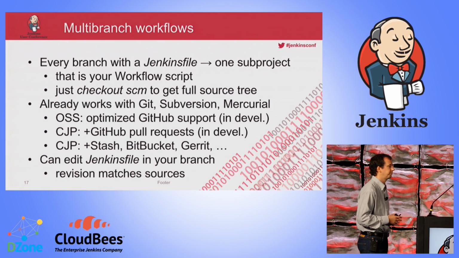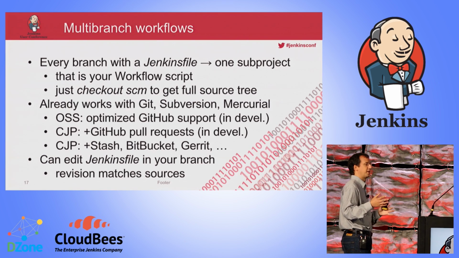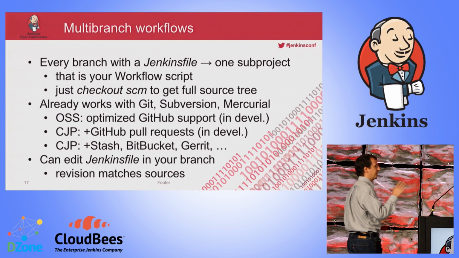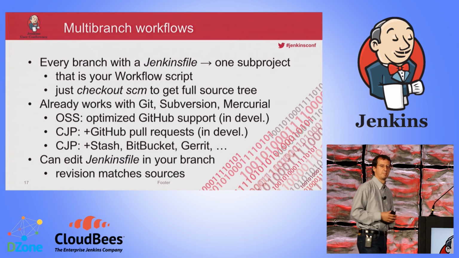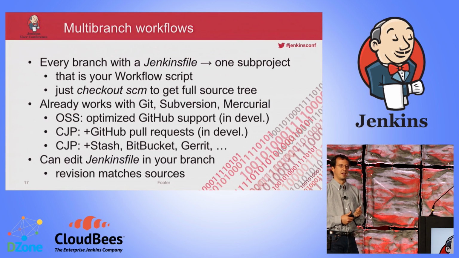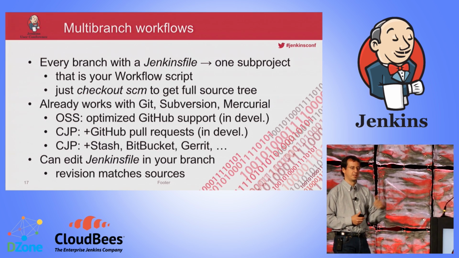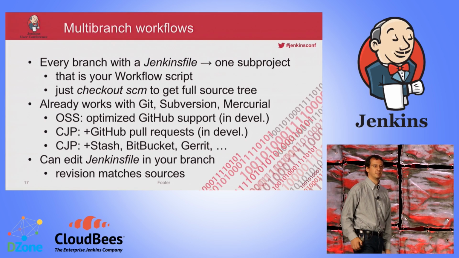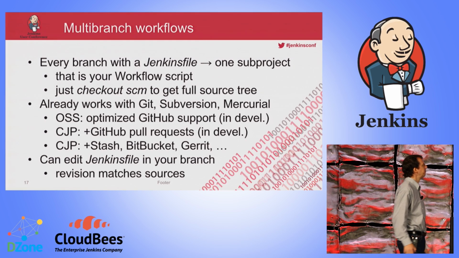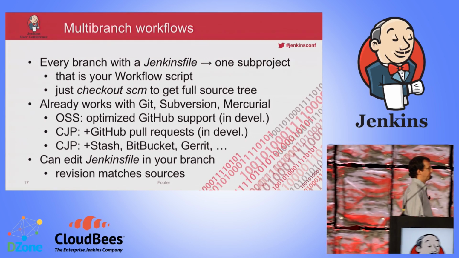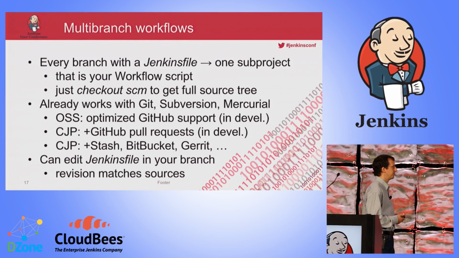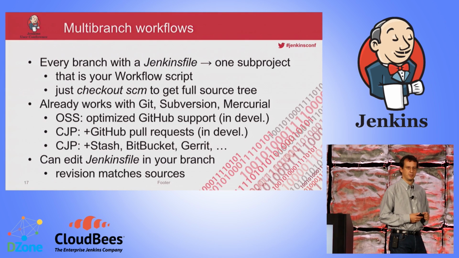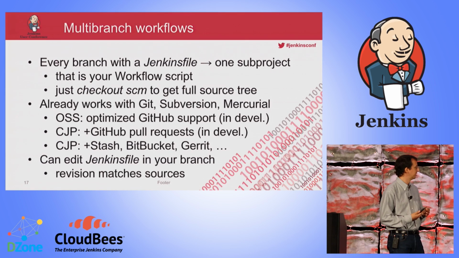So you can do pull request-driven development, and depending on the status of the Jenkins build, then it will update the status in GitHub. So GitHub will say, checking your changes with Jenkins, and then if the build is good, it'll say, yep, thumbs up from Jenkins. And there are some other kinds of services similar to GitHub, like Stash, that we would like to offer integrations for as well, along the same lines.